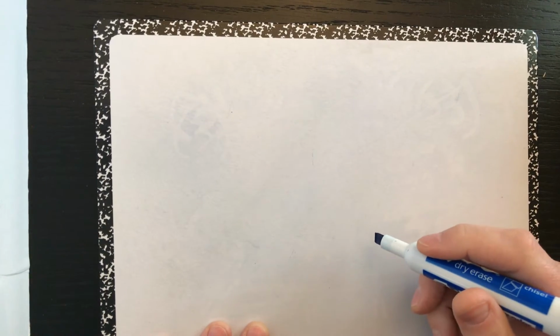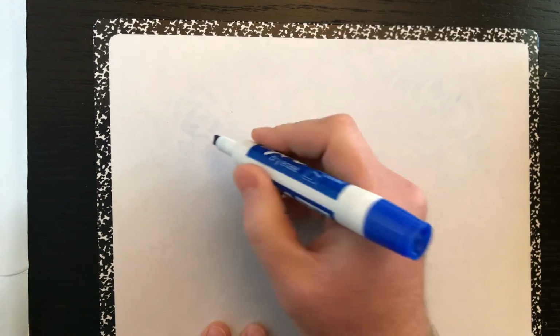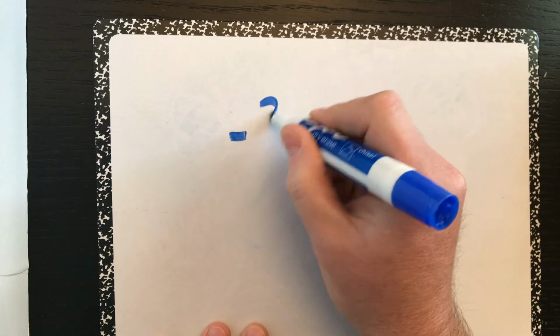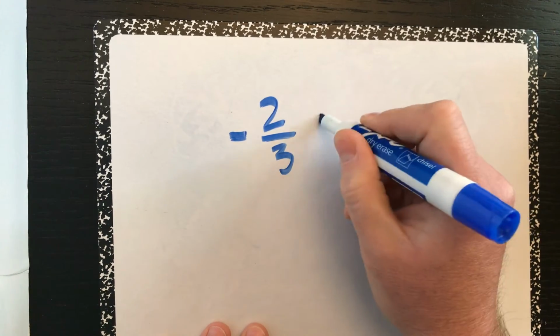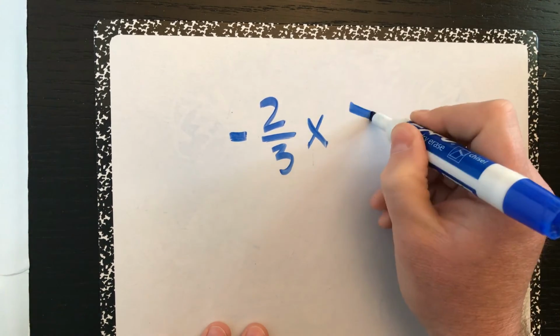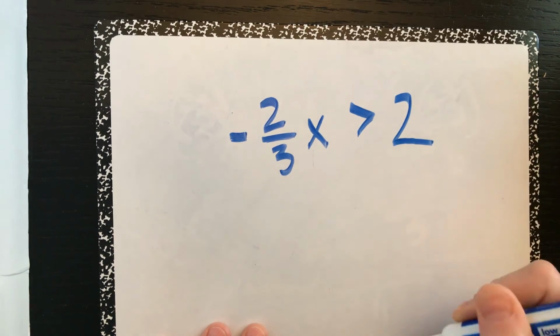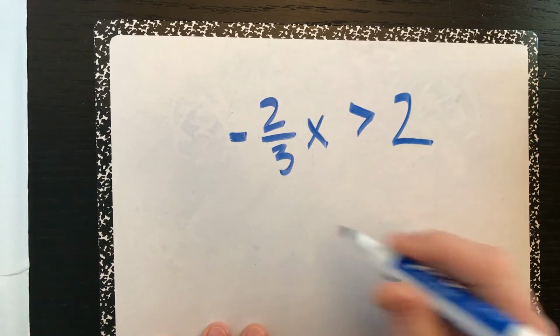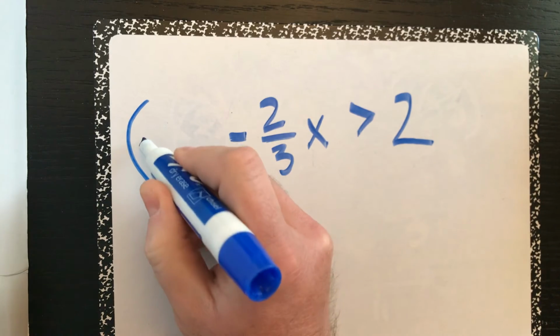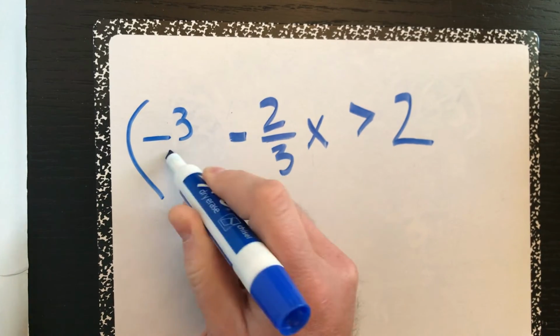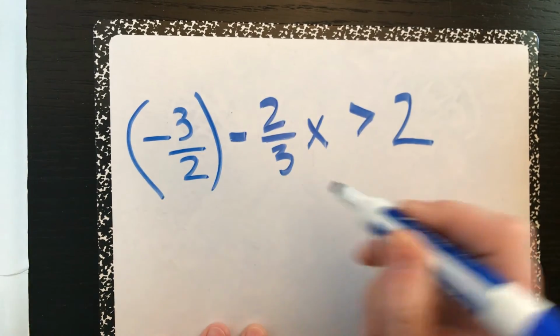How about negative 2/3 x is greater than 2? Well, I need to multiply both sides by negative 3 over 2, the reciprocal.